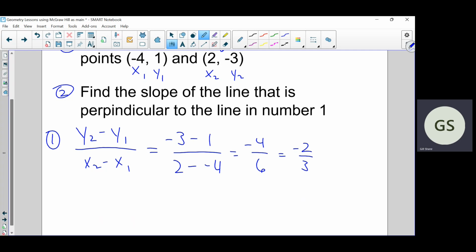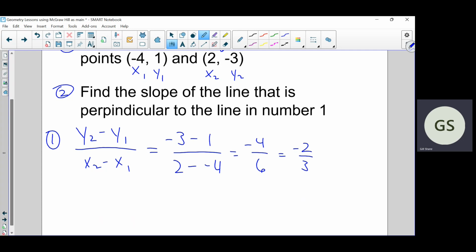So the way that I'm going to try to help you remember, because this is not on a formula sheet or anything, you're going to have to memorize this. You need to take the slope and make it the perpendicular slope. What that means is this line that we created, there's a line that goes through those 2 points. Like if you put 2 points on a graph, you can connect them and make a line. There is a line that is perpendicular to that line.